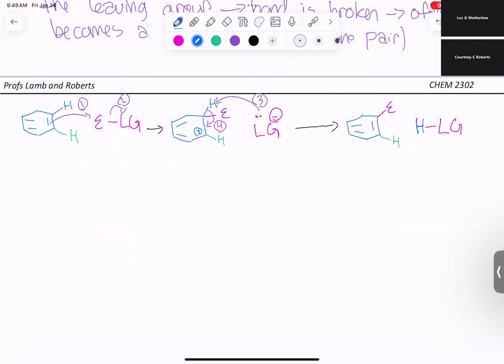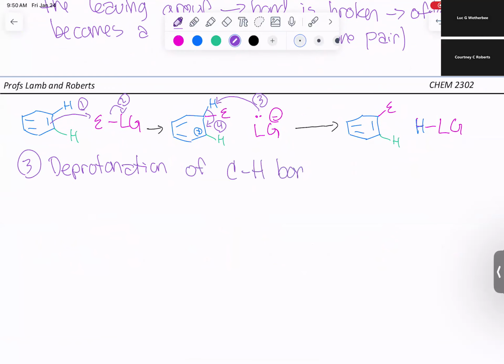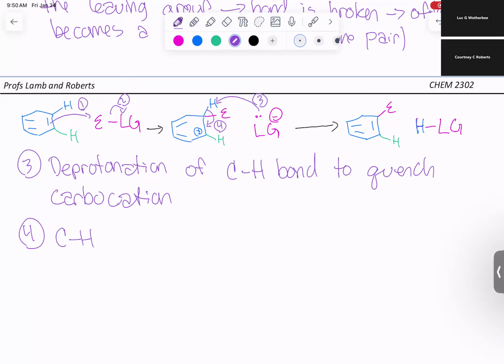All right, so arrow number 3 is a deprotonation of that CH bond to quench our carbocation. And arrow number 4 is the electron density from that CH bond.